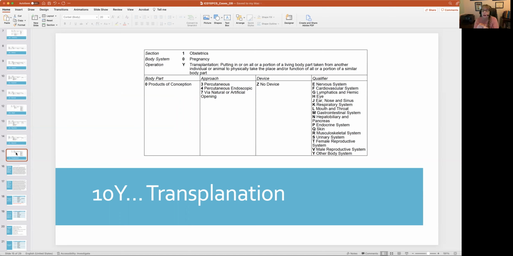You'll notice that the qualifiers don't fit with that concept because the qualifiers here only have to do with body systems. Now, of course, you can't transplant an entire nervous system, but there might be something in particular that is going to be done. And remember, this must be in utero, because we are only attending to the products of conception.